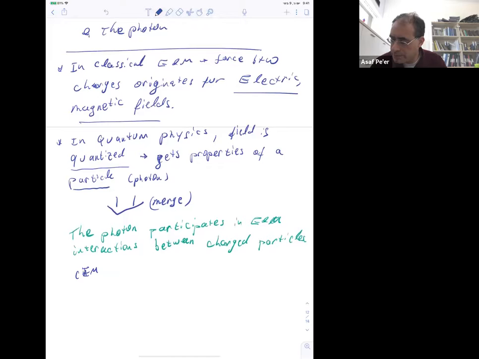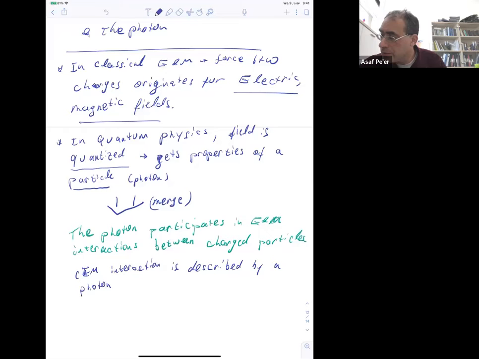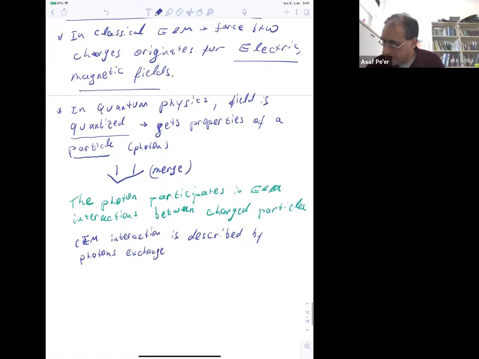The EM interaction is described by a photon exchange, or photons exchange, between the particles.